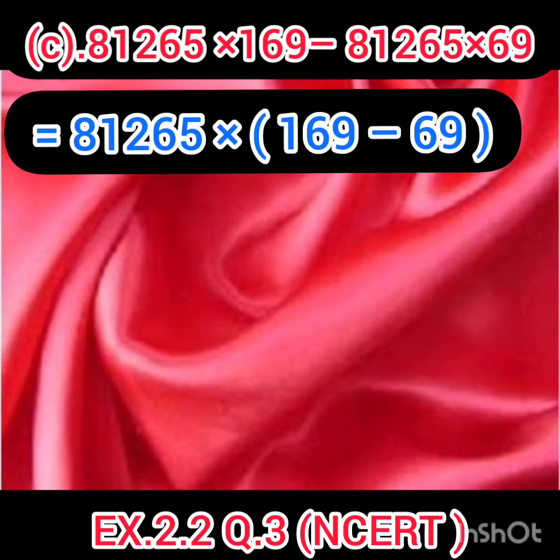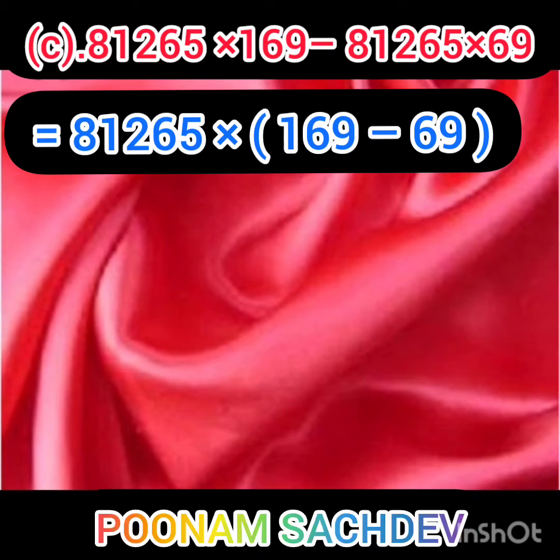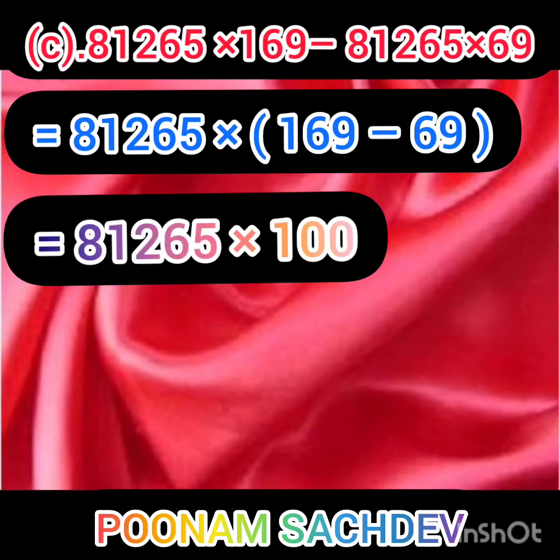So, in the bracket, we will have 169 minus 69. So the subtraction 169 minus 69 is 100.